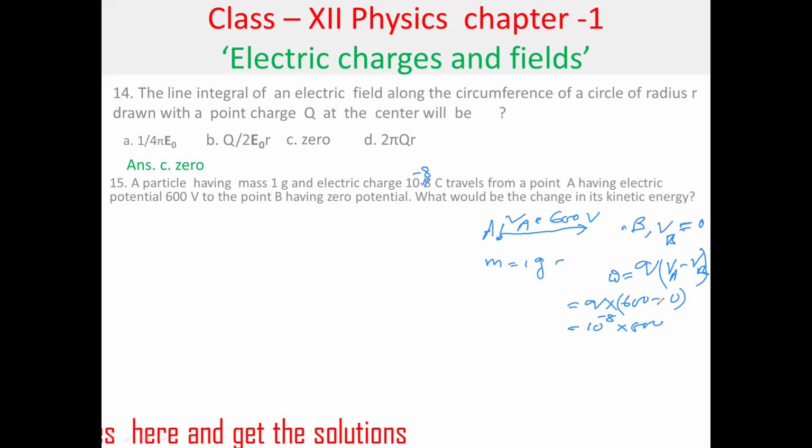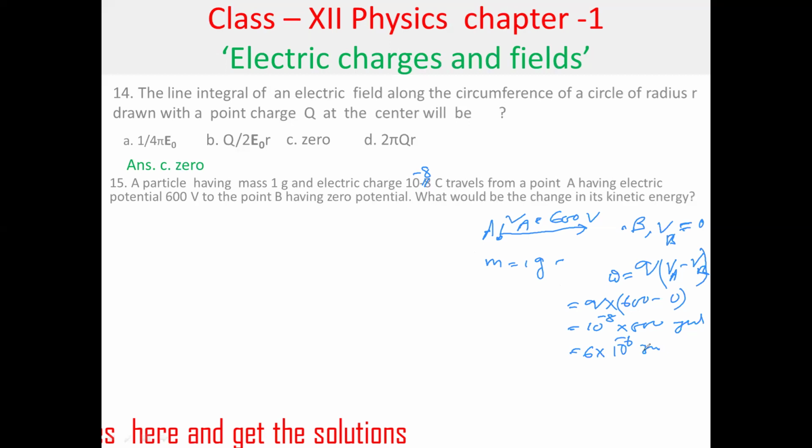So this is the joule. So this is the energy change. Here you see, 6 into 10 to the power, it is 8, so here you can finally write 6 into 10 to the power minus 6 joule.